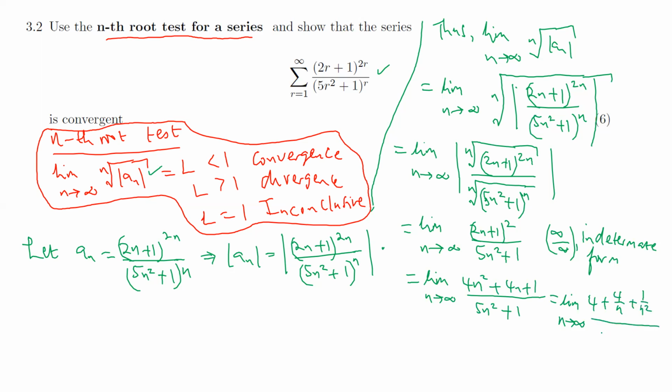Then you factor out n squared from the denominator, which is 5 plus 1 over n squared. The n squared cancels out. Taking the limit, this is going to be 4 over 5, which is 0.8, less than 1. If the limit is less than 1, then it means convergent.